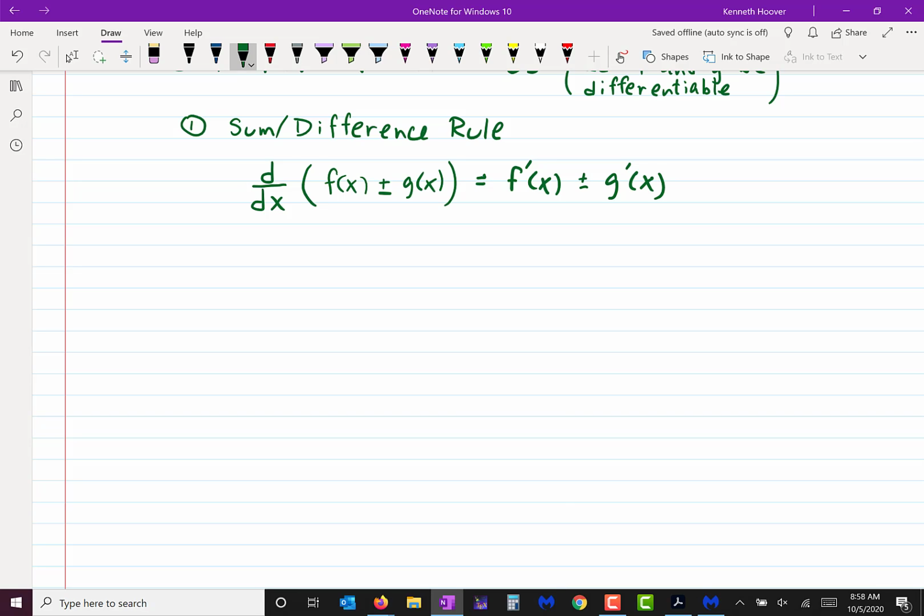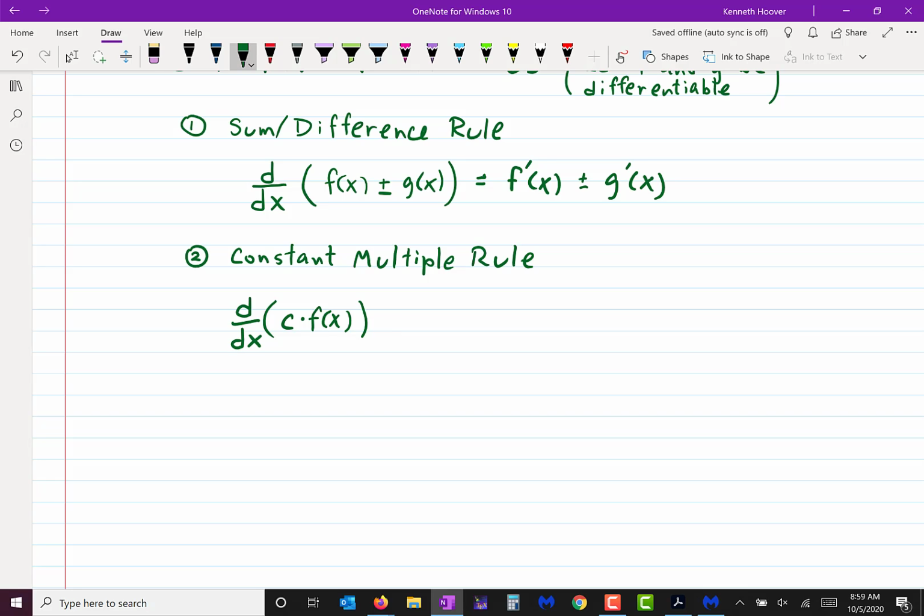And the second important rule that I want to show you is called the constant multiple rule. And that says, what if you have a function like f of x, and you multiply that function times a constant, and then you want to find the derivative of that?